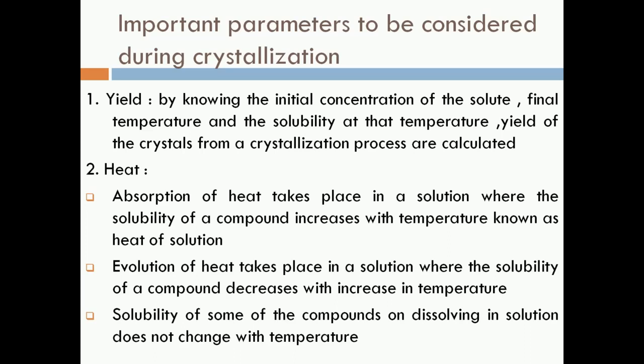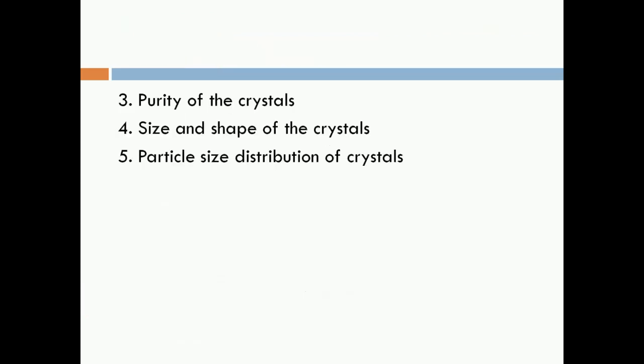Apart from yield, heat is also an important factor because once you heat the solution, in the case of an evaporator as we saw, you are creating a supersaturation condition, and once you create that condition, you can develop more crystals out of the system. So heating is also an important parameter that we have to consider. Apart from this, the purity of crystals plays a major role because finally your crystals have to be in the purest form.